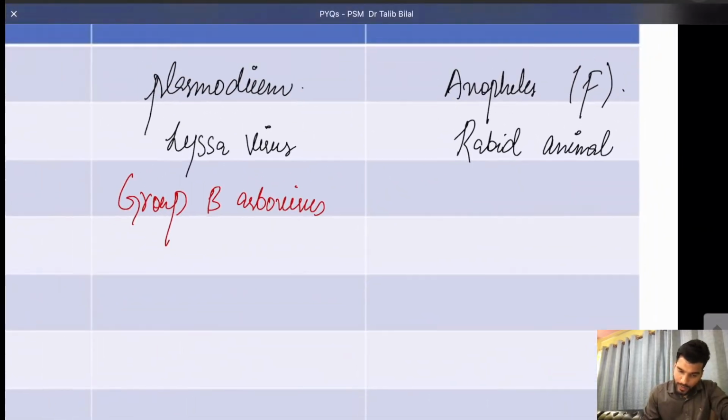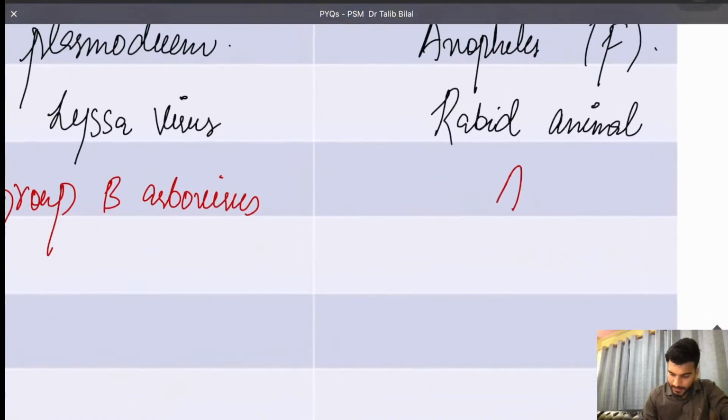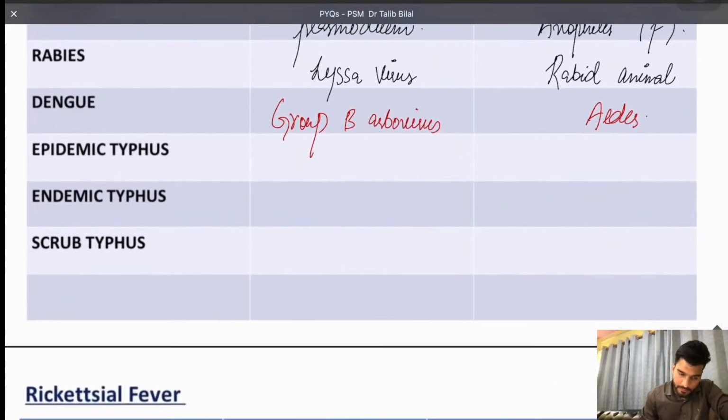And a vector is going to be Aedes. For epidemic typhus, it's R. prowazekii, and vector is louse.